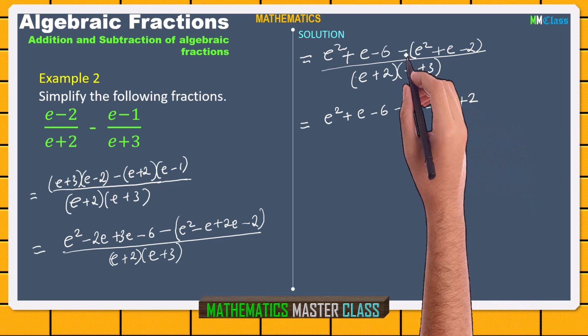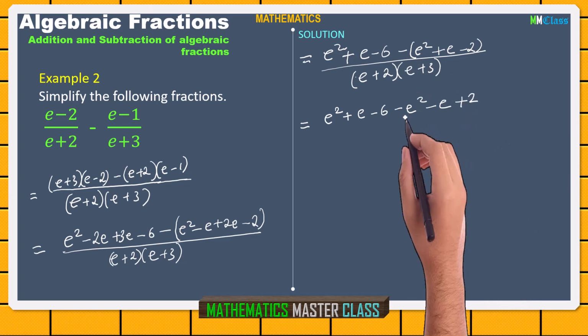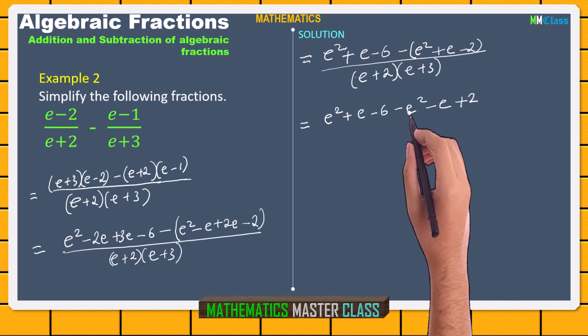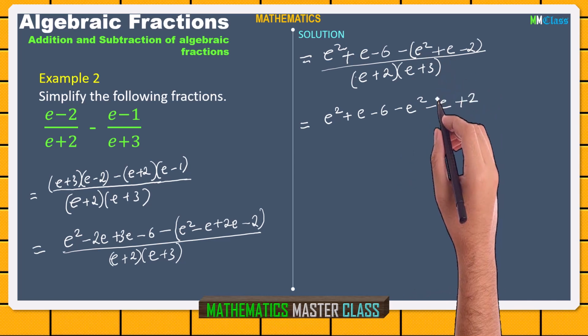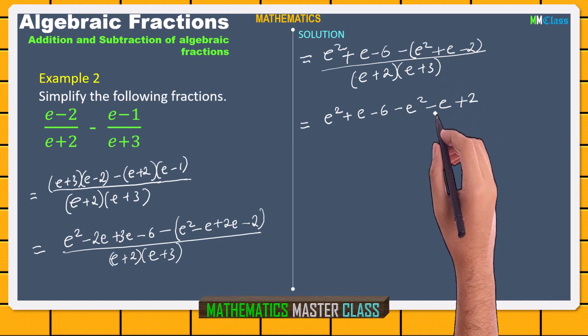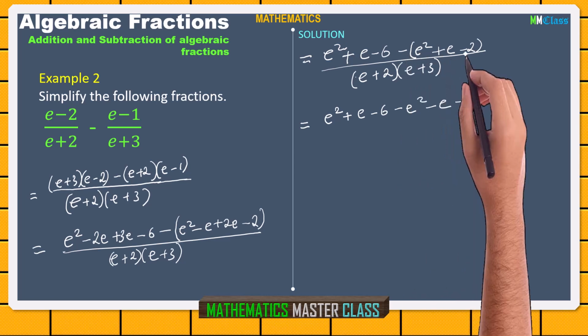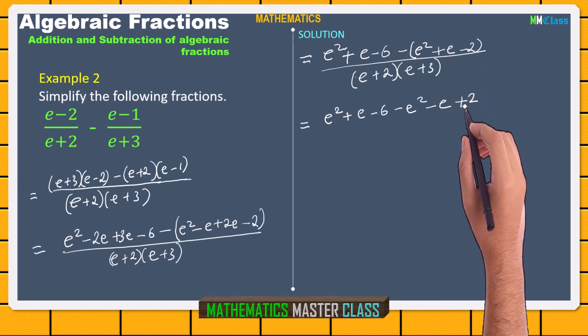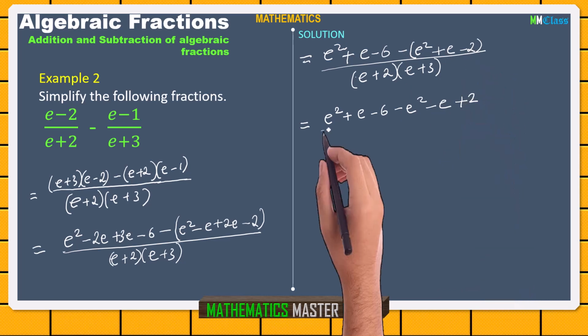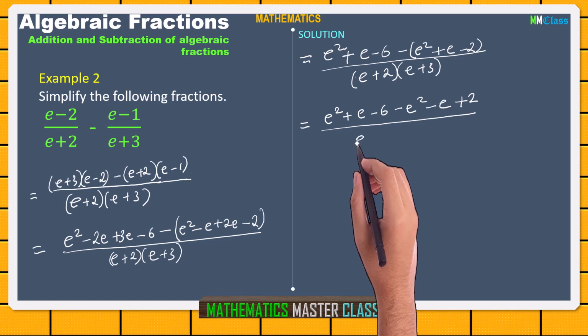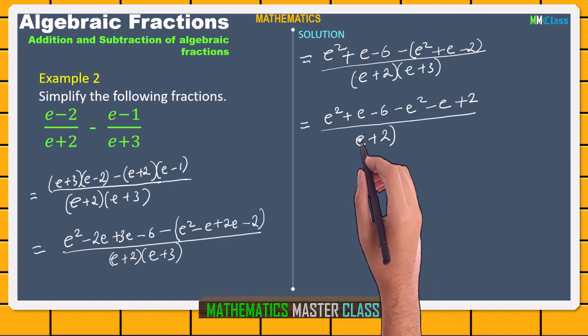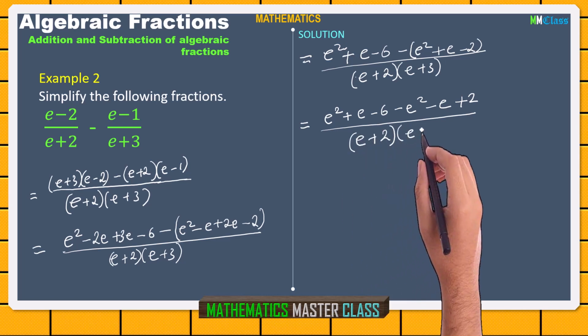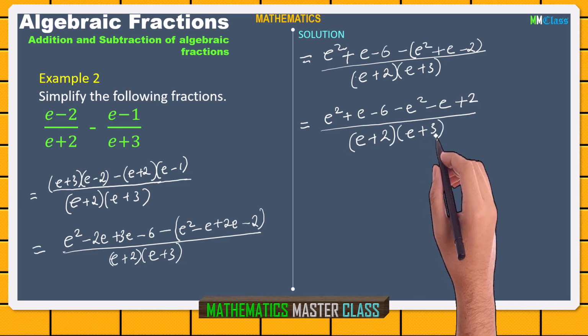Like I said, if you remove the bracket, it will multiply this one and it will become minus e square. It will also multiply this one and it will become plus e, minus e. And the same minus will multiply minus 2 and it will give us plus 2. All over (e plus 2) and then (e plus 3).